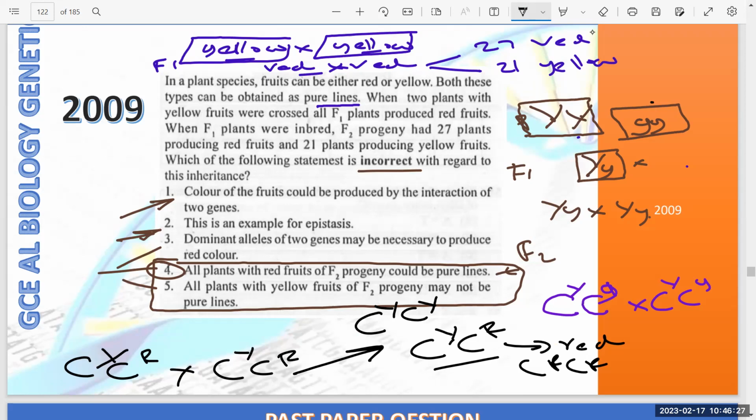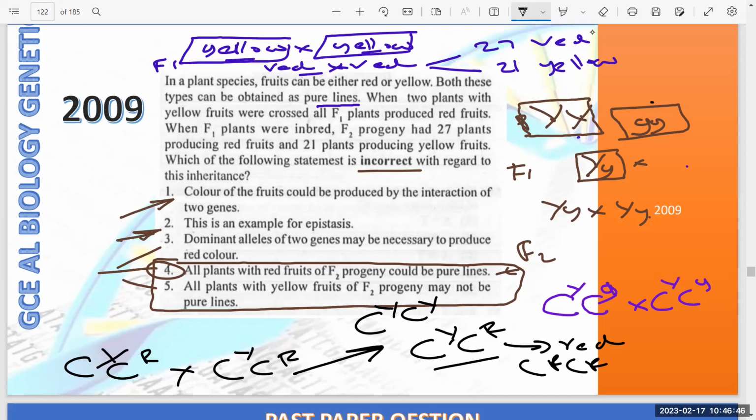So it is something we have to understand. These two genes should work together to decide these colors. One cannot completely make the color. If one is making the color, it is again going to the Mendel genetics. So when they are combining to make the colors, it is gene interaction.